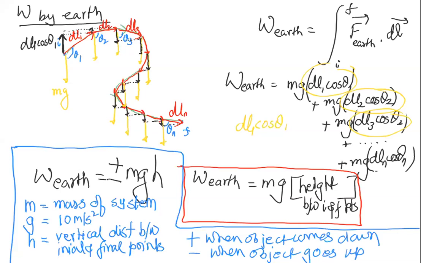But please, please, please, for God's sake, do not confuse this with potential energy. पोटेंशियल एनर्जी बिल्कुल अलग कीड़ा है, वो हम बाद में देखेंगे। फिलहाल पहली चीज जो आपको इस चैप्टर में याद करनी है, ये टू बी रिमेम्बर्ड है। पहली चीज जो इस चैप्टर में याद करनी है वो ये है कि वर्क डन बाय द अर्थ इज इक्वल टू plus minus mgh, where h is the vertical distance between the initial and final points.